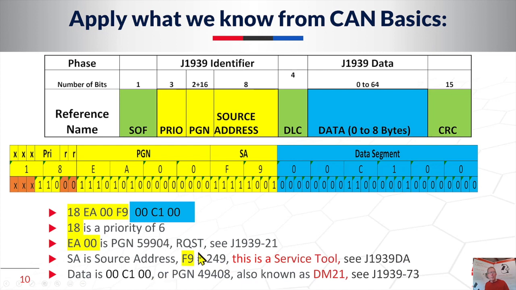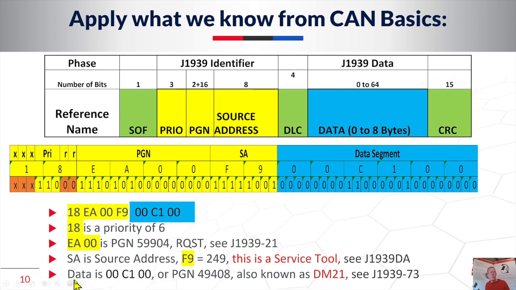F9, 249 decimal, is a service tool. So we already know that in this request message, a service tool is requesting something with a priority 6 message. It's requesting this data right here.